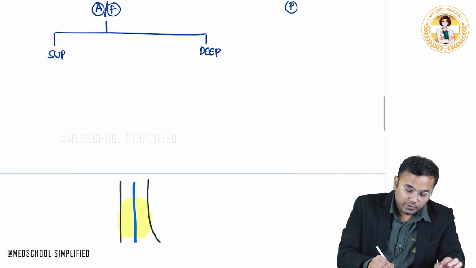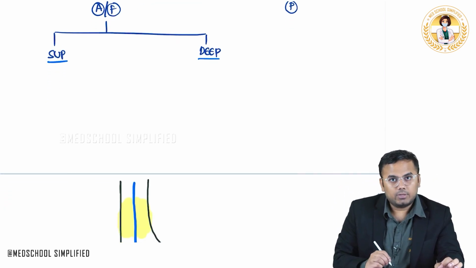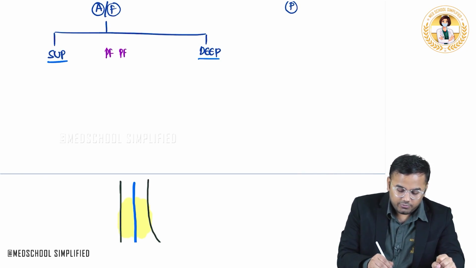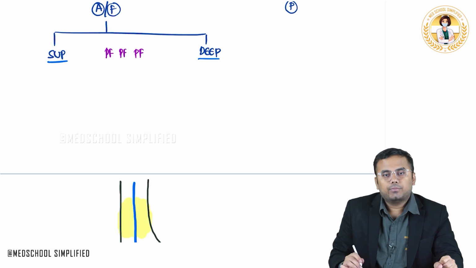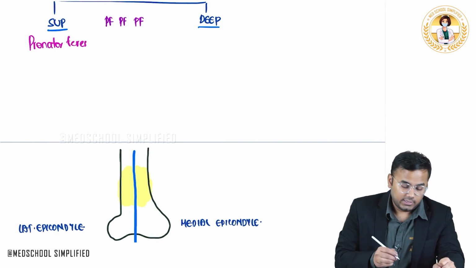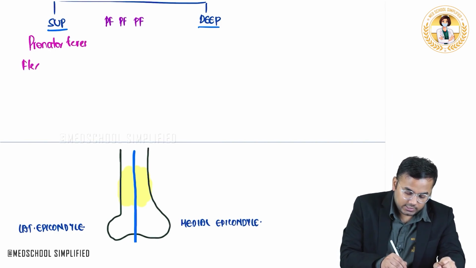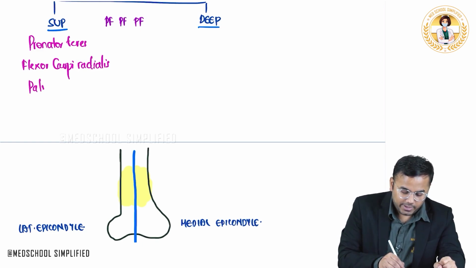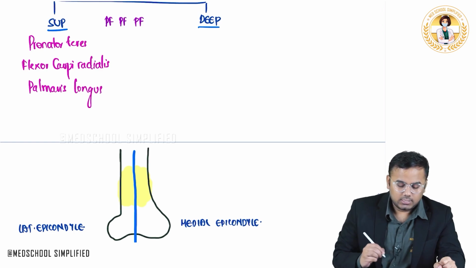In the superficial compartment, I want you to remember the muscles by the mnemonic PF, PF and PF. The first muscle is pronator teres. The second muscle is flexor carpi radialis. Then P stands for palmaris longus.